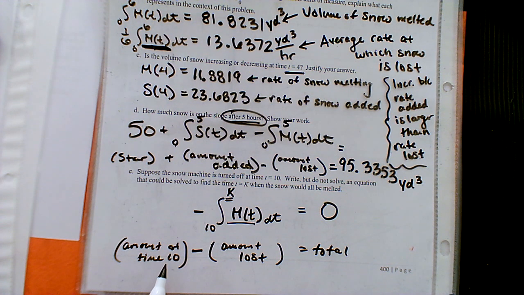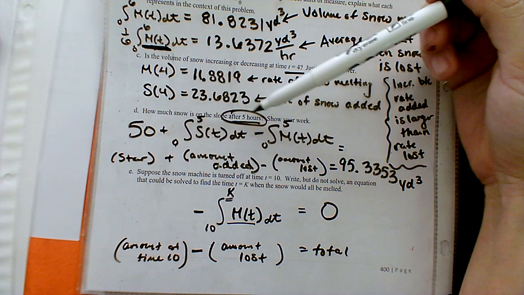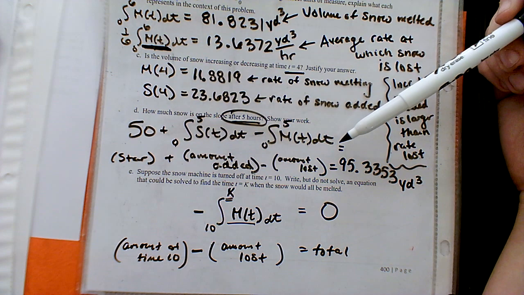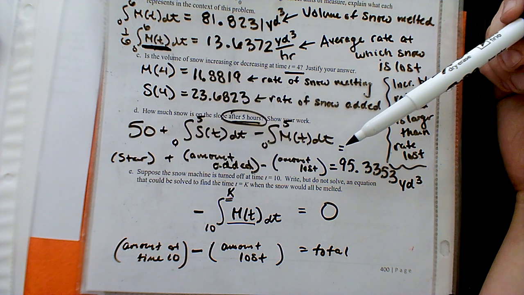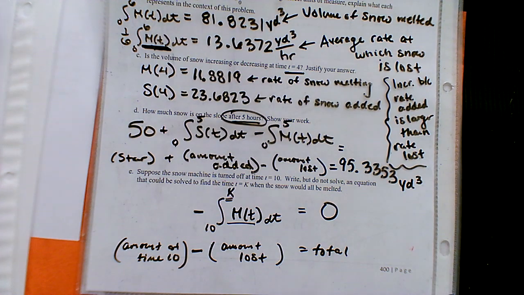Okay. Can we figure out the amount of snow at time 10? Yeah? How? It's kind of similar to part D, right? How much snow is at time 5? We're going to do the same thing, but how do we have to change this for time 10? Upper bound of 10.